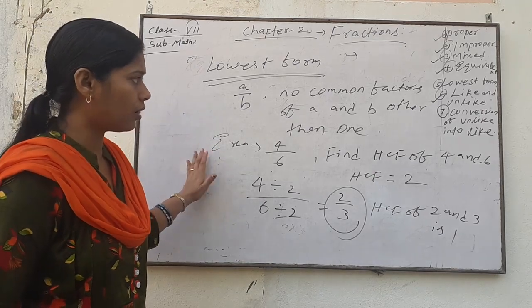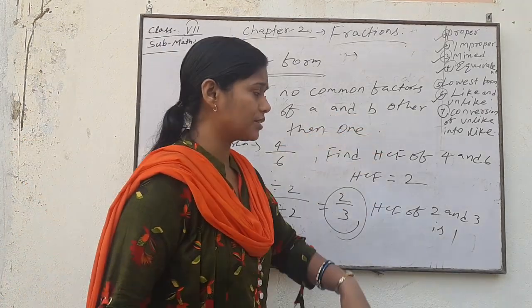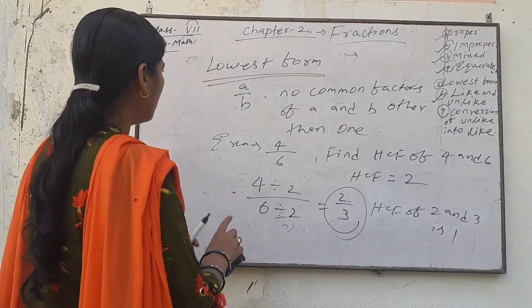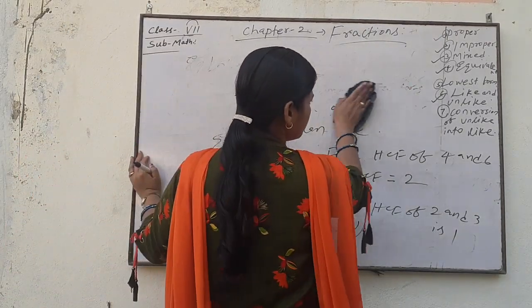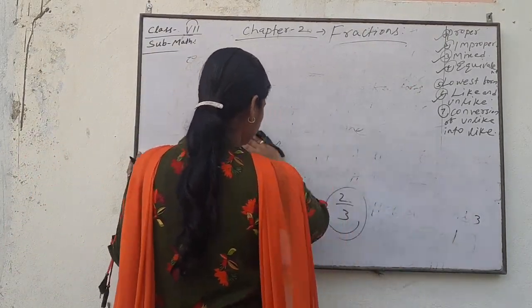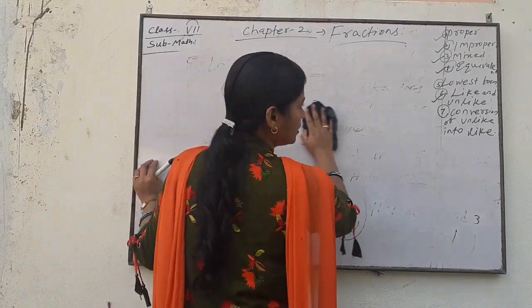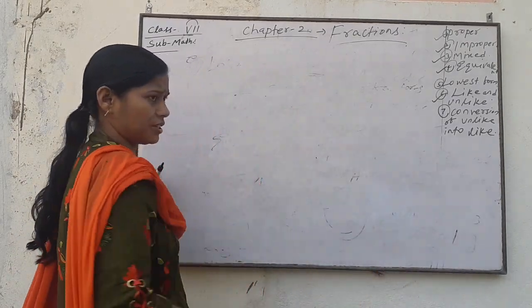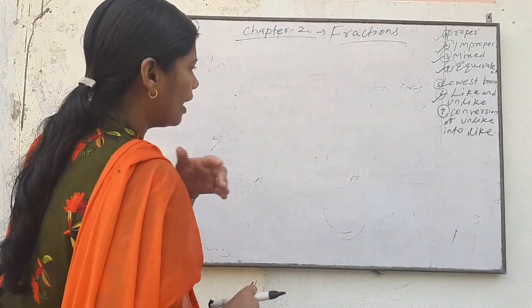Okay, so now your last point is conversion of unlike into like. It means how to convert your unlike fractions into like fractions.